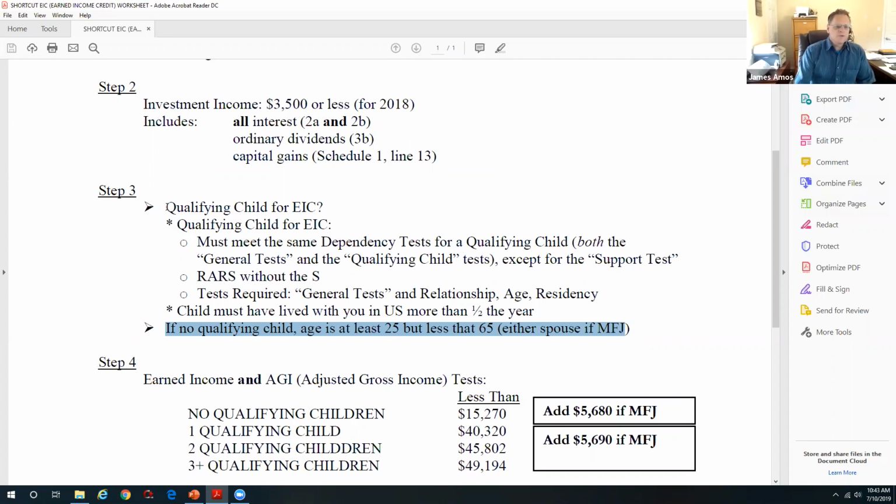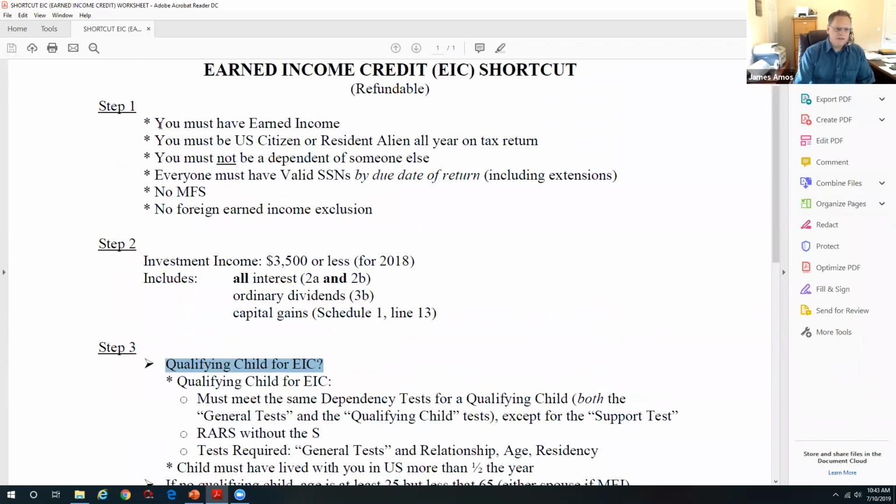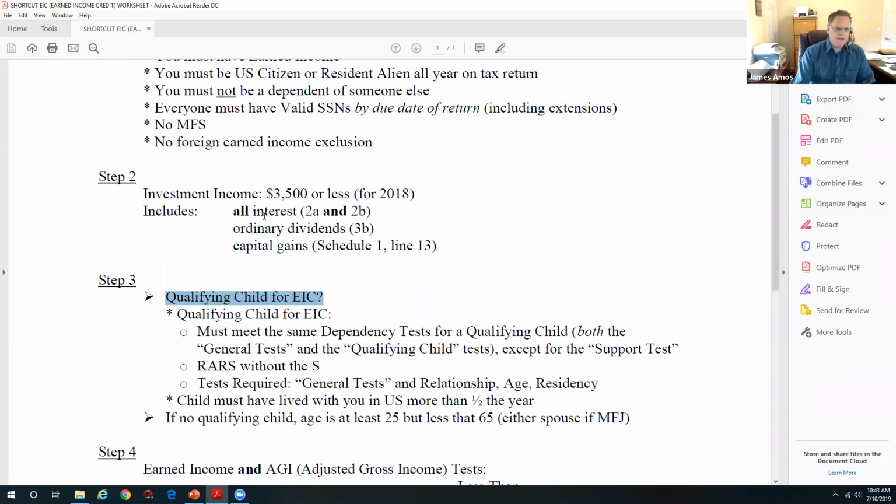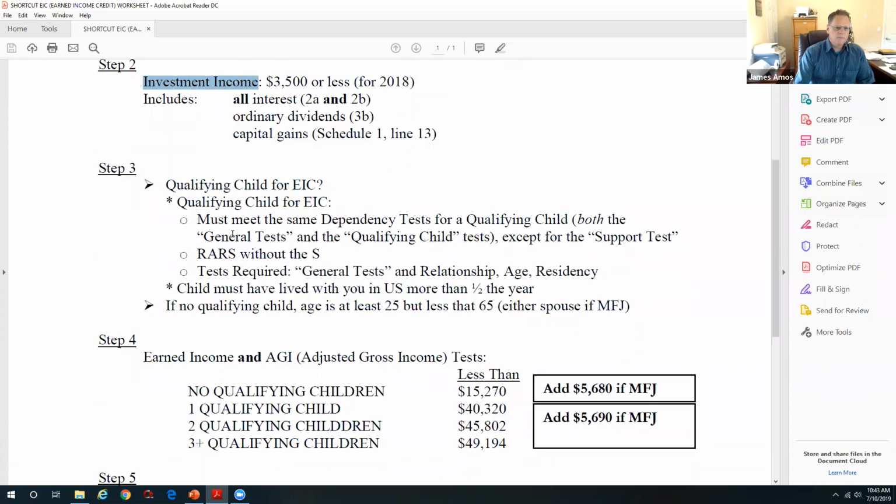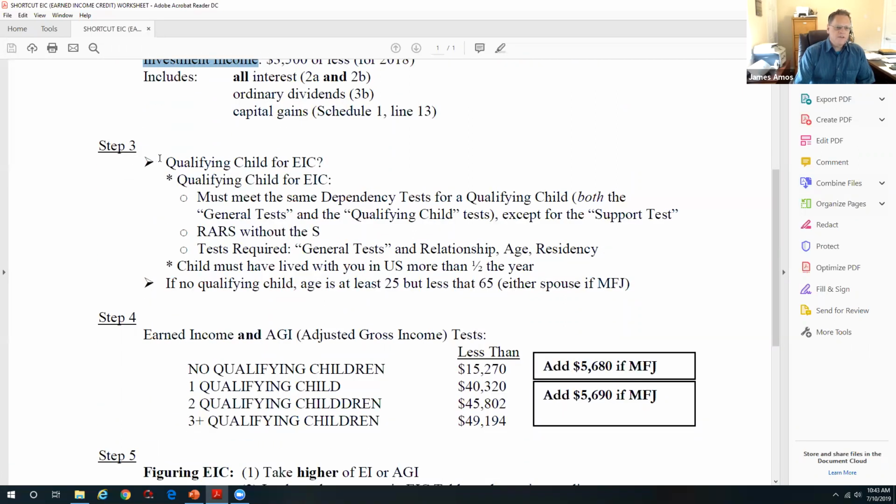Okay, so step 3 is, do you have a qualifying child for EIC? If you do, and you've met all the requirements in step 1 and all the investment income requirements in step 2, then you have to have either a qualifying child for EIC or you must be between 25 and 65 years old to qualify for EIC.